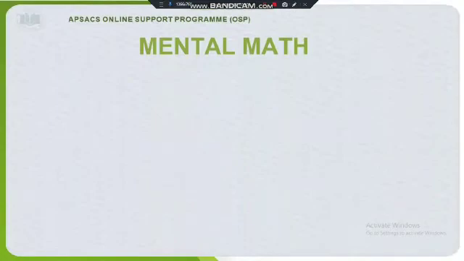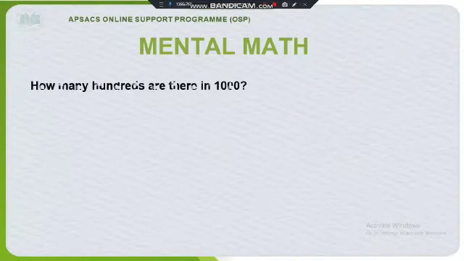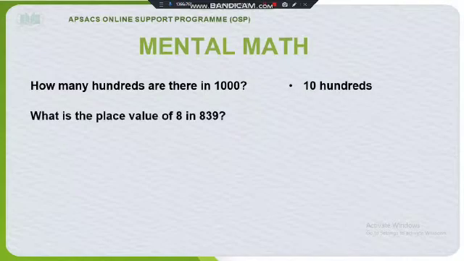Now, time for mental math activity. Here is the question. How many hundreds are there in 1000? Good. 10 hundreds. Then what is the place value of 8 in 839? Excellent. Hundreds.